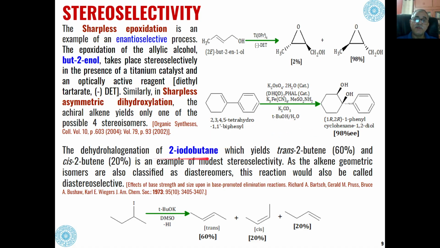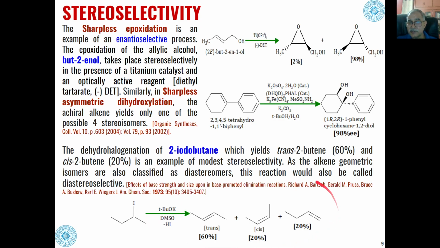The third example is dehydrohalogenation of 2-iodobutane. Similarly, if this is treated under basic conditions in the presence of a strong base like potassium tert-butoxide in DMSO, then dehydrohalogenation will take place. Either this can take place this way or this way.